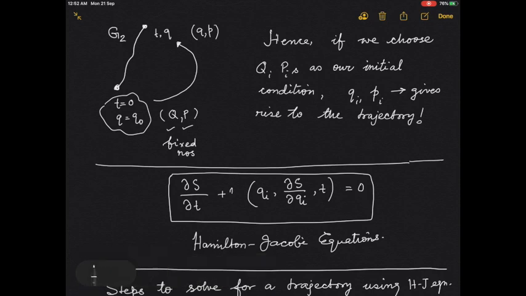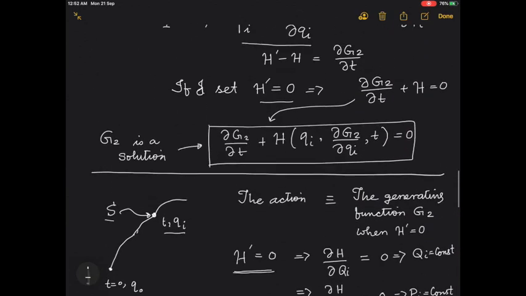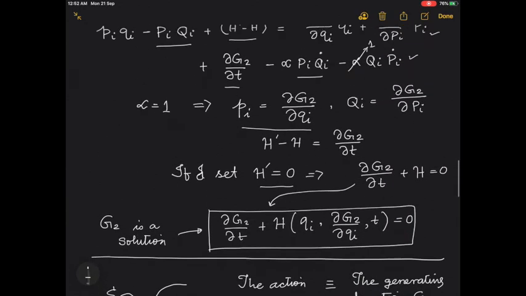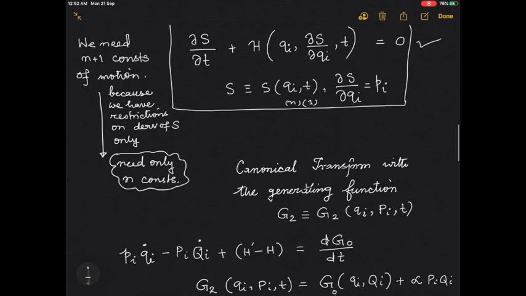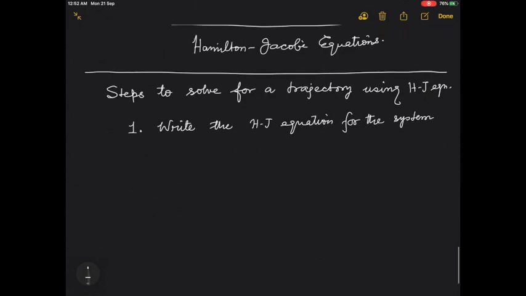And what all I have to do here is that, first of all, I have made a mistake here. This is not S, this is H. What all I have to do is that I have to write my Pi's in terms of del S del Qi. Okay, so that is what we do here and as well as here. So this is explicitly written here.